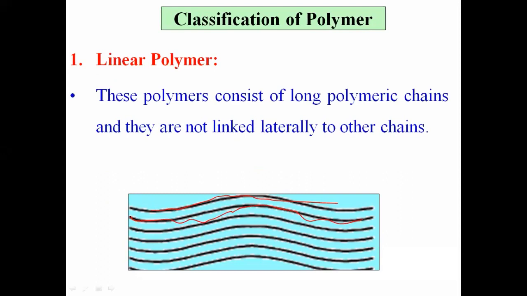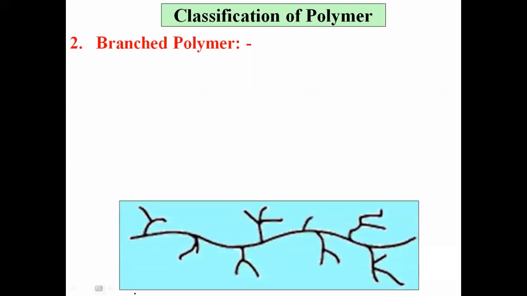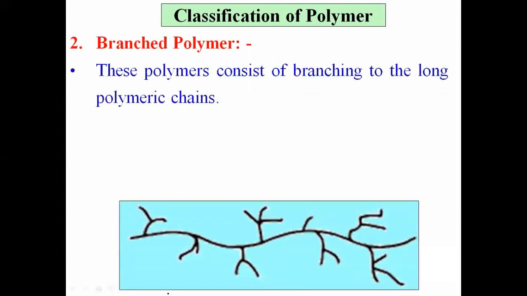And that type of the polymer is called as the linear polymer. Example, very simple example is the polythene and PVC, polyvinyl chloride. These are the examples of linear polymer. And in that case, number of polymeric chains, they are not linked laterally to other chain. Okay, let us see second type, branched polymer. This is the picture for the branched polymer. So what is the property?